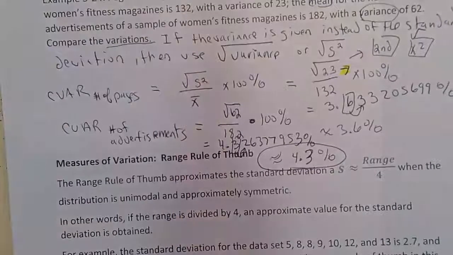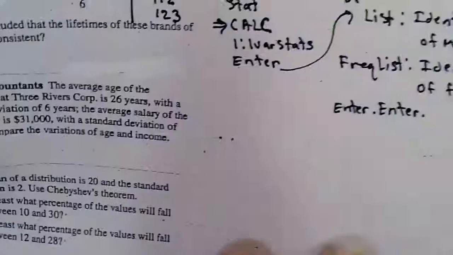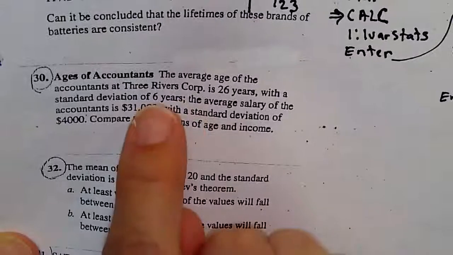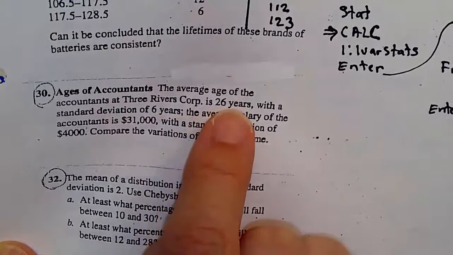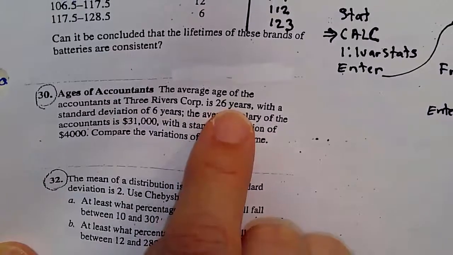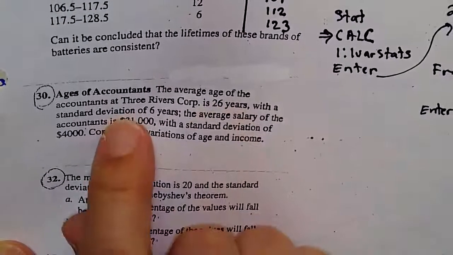And let's see some of the other things. Is there something they're going to ask you about? No, they just say compare the variations of age. So here in this problem from your ebook, you've got these accountants, their age and then standard deviation.